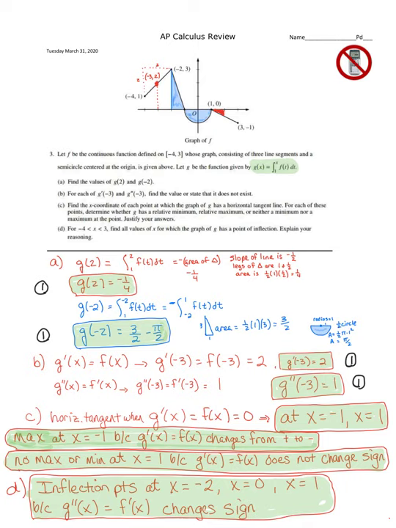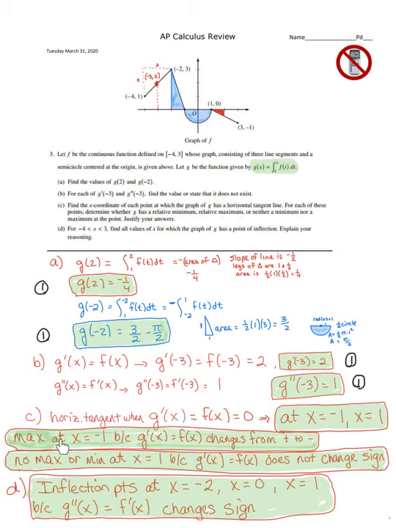Part C is worth 3 points, and in part C, we're asked to find the x-coordinate of each point where g will have a horizontal tangent. There's going to be a horizontal tangent for g when g prime is equal to 0, and g prime equals f of x. So f of x is equal to 0 at -1 and at +1. And we're supposed to identify what kind of critical point this is.